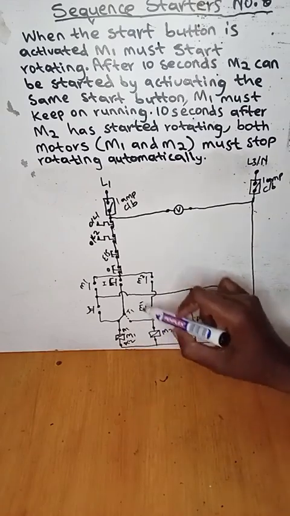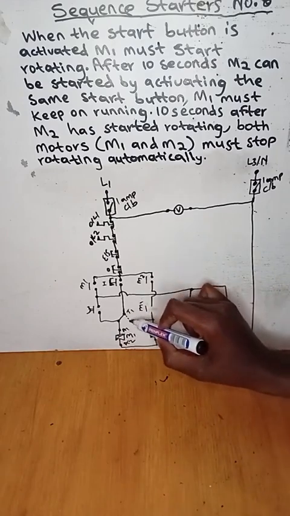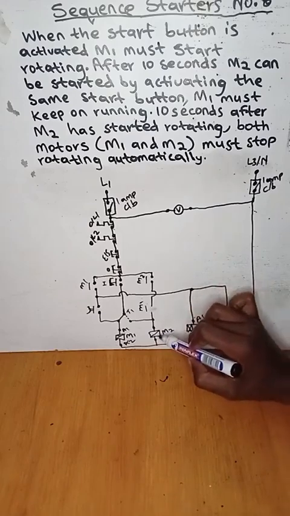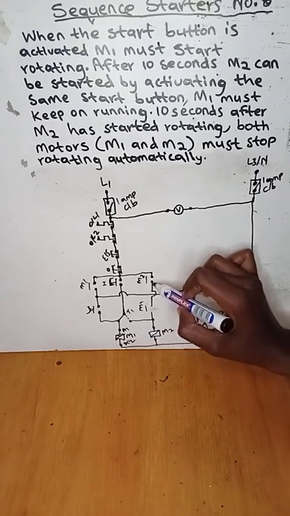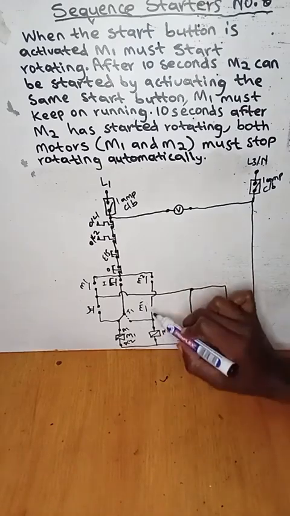After 10 seconds, that's where it will allow us to press the start button again. Current will flow here and energize the coil of motor 2, and it will affect its retainer, which means right now our live current will flow all the way to the coil of motor 2, right?